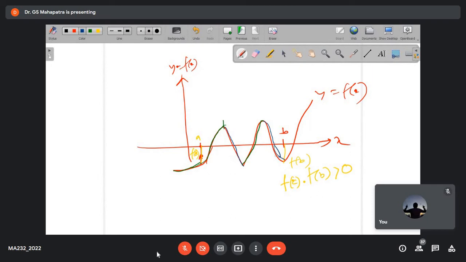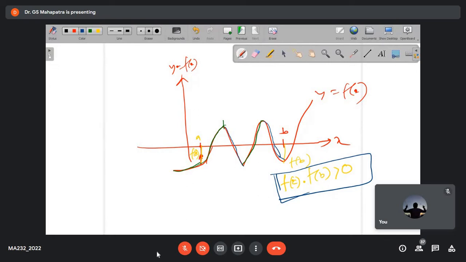So what is happening actually? The function is decreasing, increasing, decreasing, increasing. So it is not strictly increasing or decreasing. If it is strictly increasing, then it should not come down. So here from a to b, a number of solutions are there, and the function is not continuously differentiable.